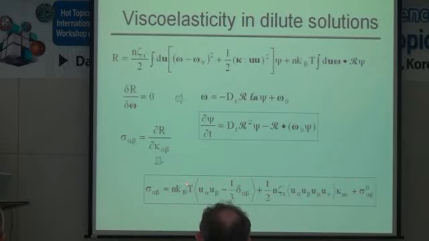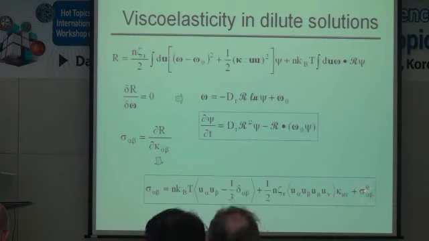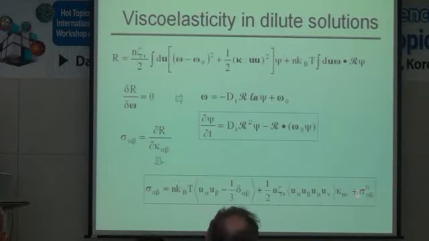And you can show that the stress tensor depends on the orientational tensor of the rod, plus there is some extra term here that is proportional to the velocity gradient. And finally, the last term stands for the shear stress by the viscous component, the solvent component, the fluid component.